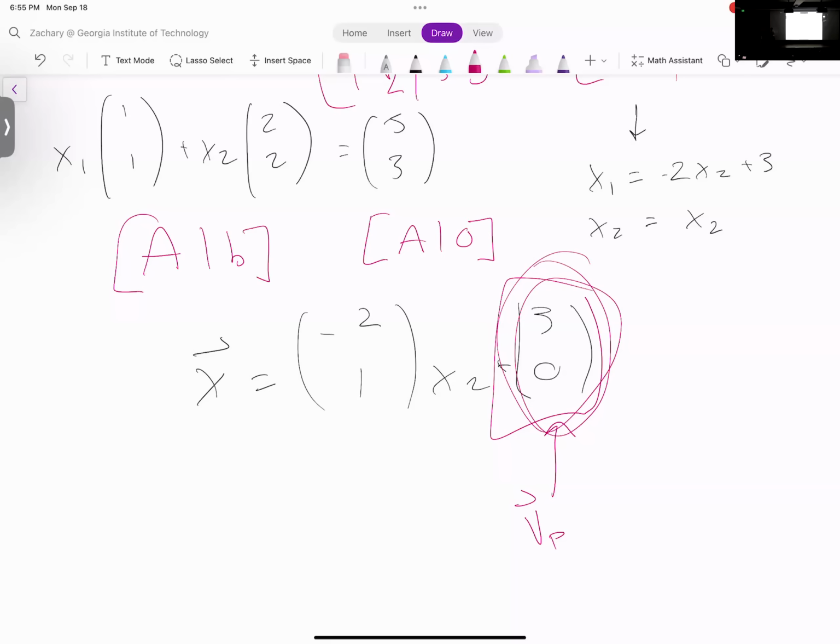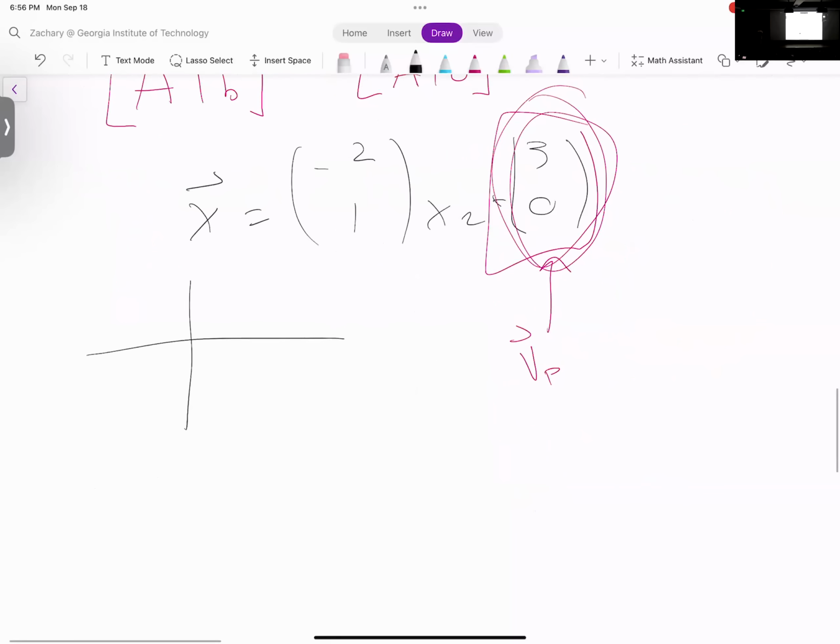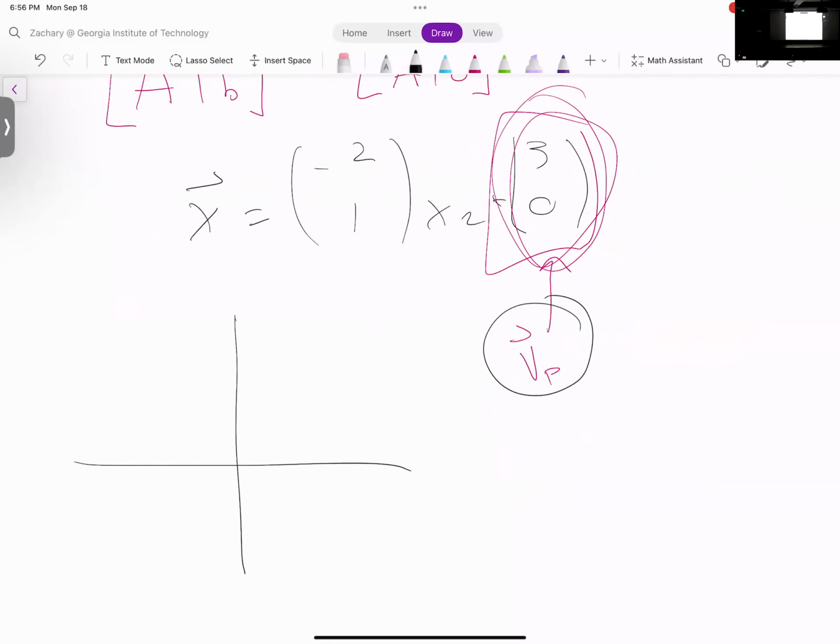So what this solution set looks like and how we would plot this one. The first place we start is with this. It is a vector, but we kind of just think of it as a point. We go to 3, 0, and I draw a dot.